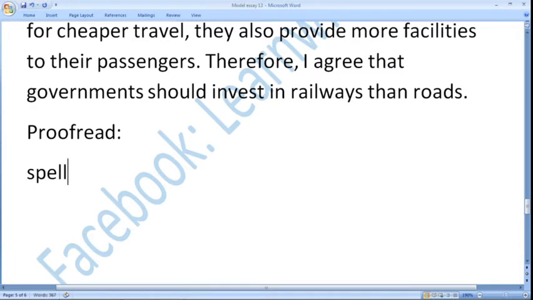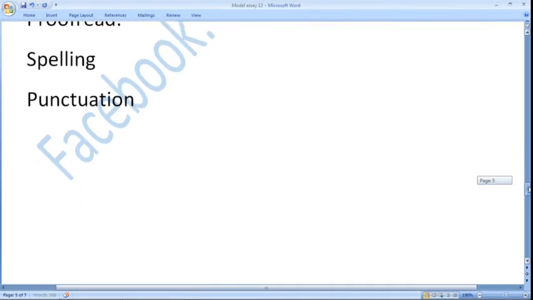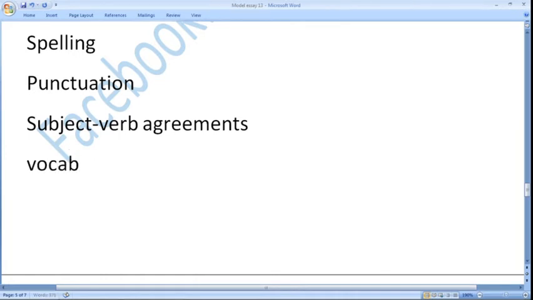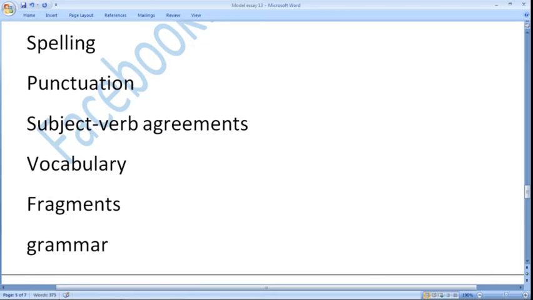For spelling mistakes, punctuation mistakes, subject verb agreements, any vocabulary mistake, sentence fragments, other grammar mistakes that are common in your own writings.